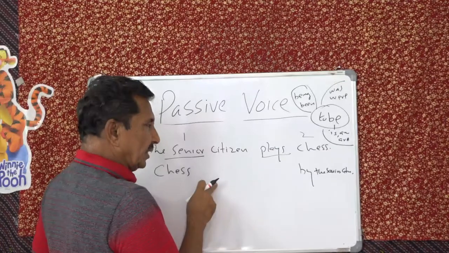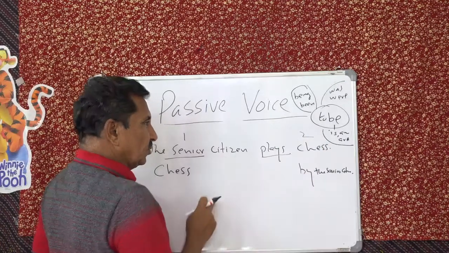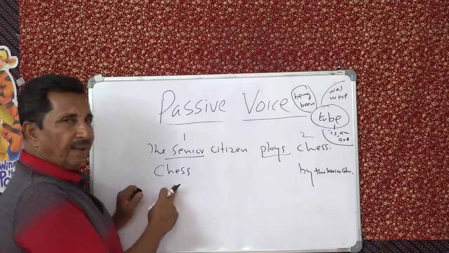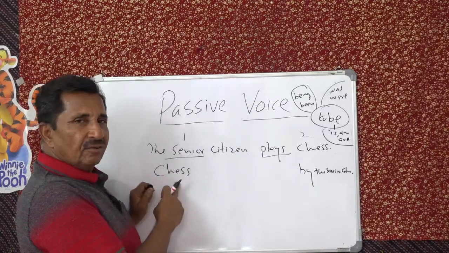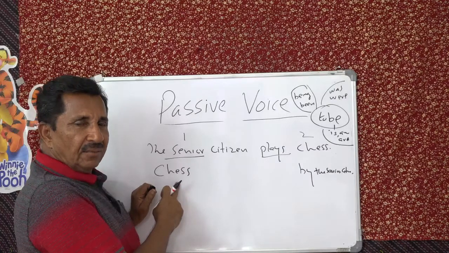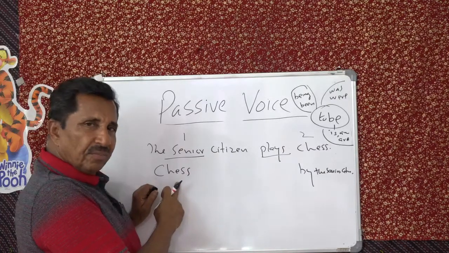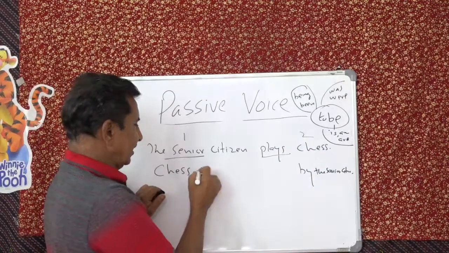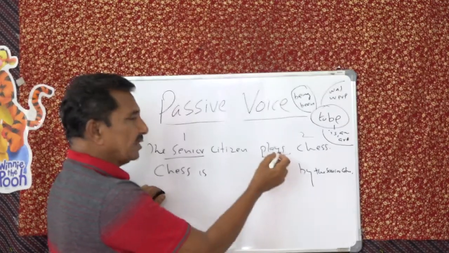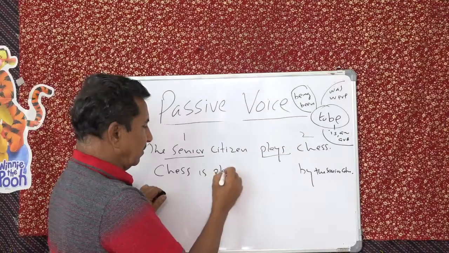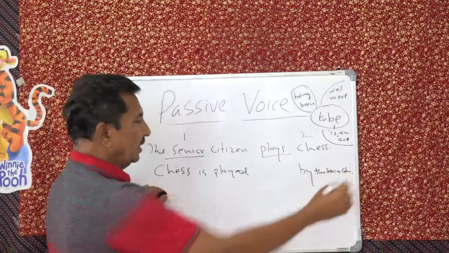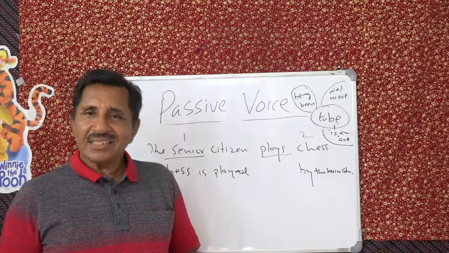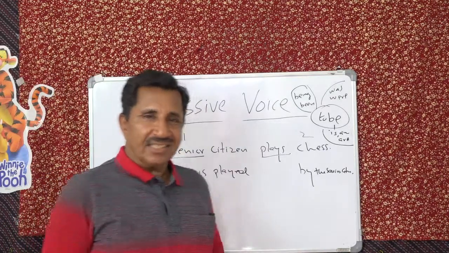So it should be present here. Which one you should choose depends on the subject. Here, the new subject, what is this? First person, second person, third person. Third person, singular. Chess is. What is the past participle? Played, by the senior citizen. Chess is played by the senior citizen.